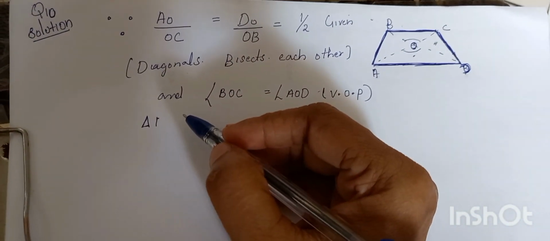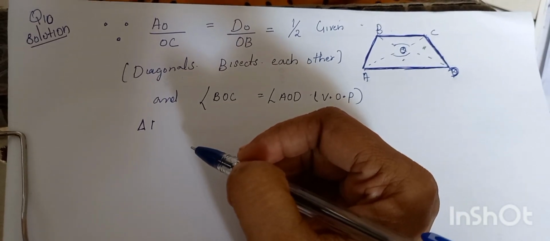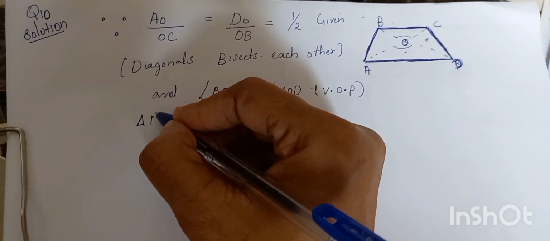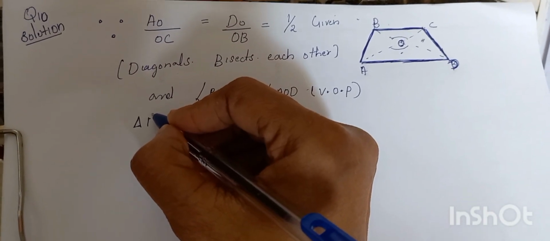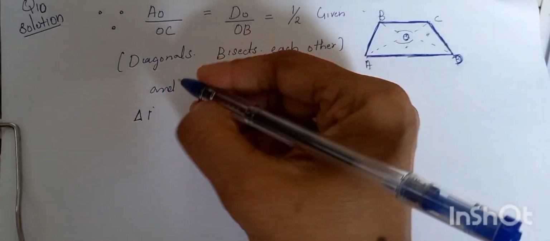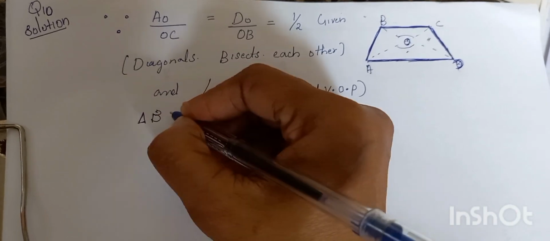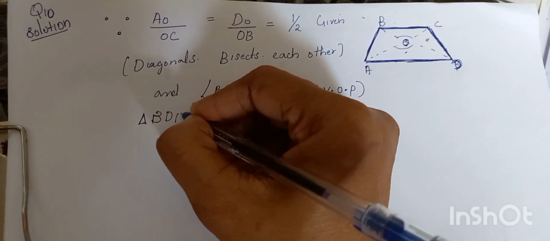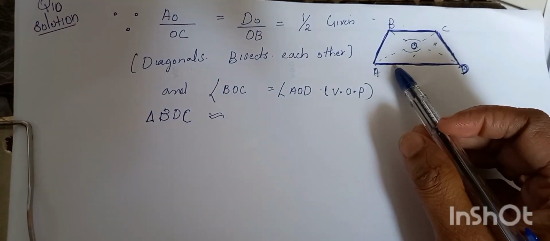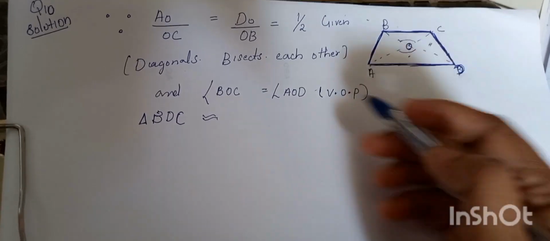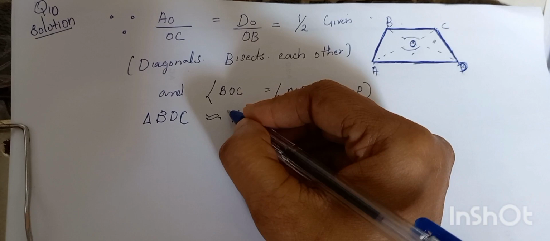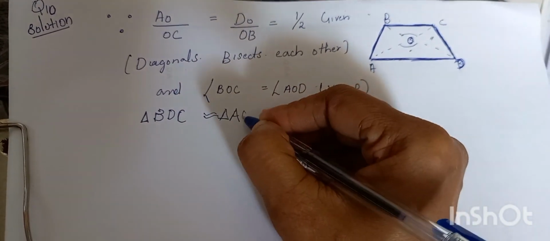Then triangle BOC is similar to triangle AOD.